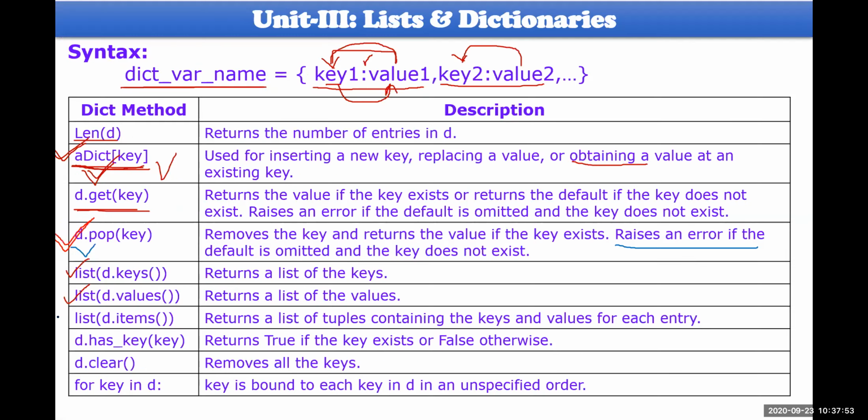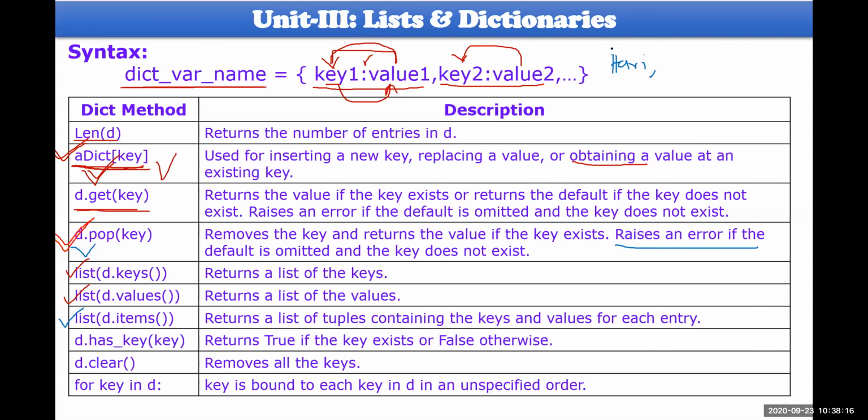And then followed by list of D items. It displays the items in the form of tuples. What does it mean? Just before we have seen some values here. Say Hari, comma, his phone number 9848 something like this.